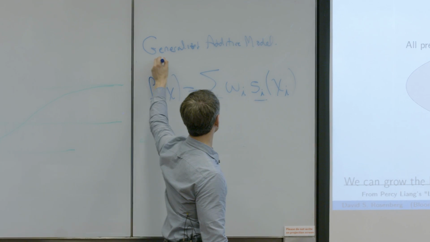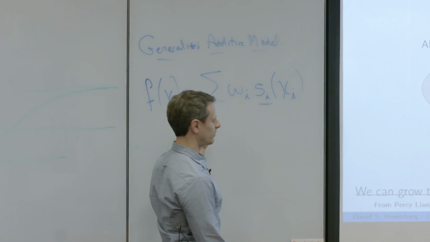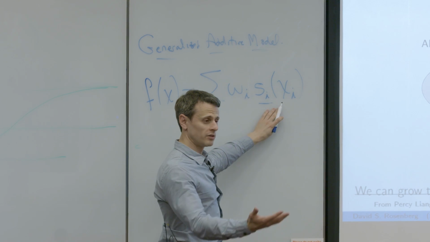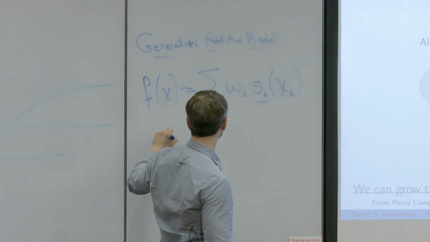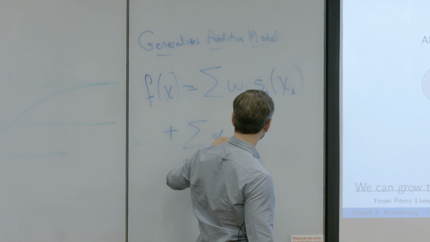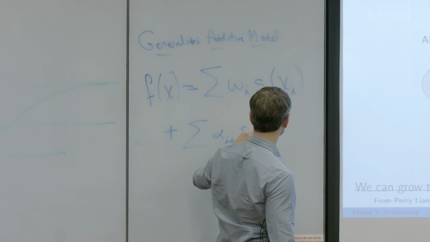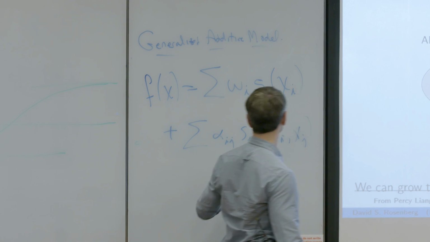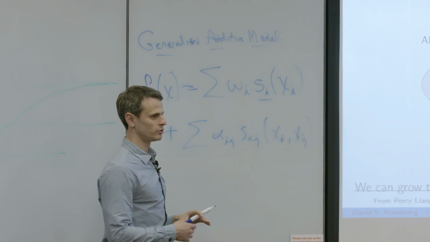I wasn't planning to discuss this, but I might since it's been brought up. It's very related to boosting. And to handle the issue of interactions, you can add in, not a lot because it takes a lot to compute, but you can add in some couples. So you have some nonlinearities of two variables at a time.